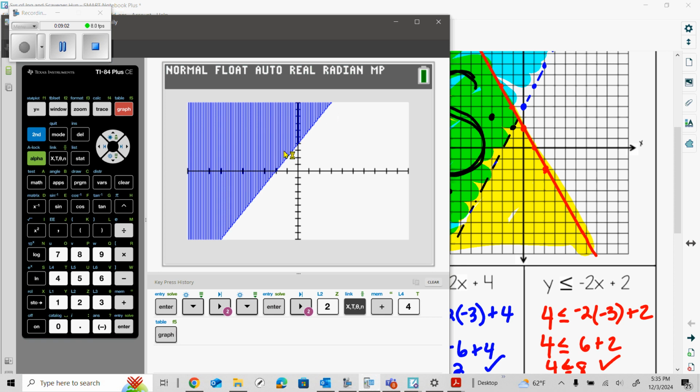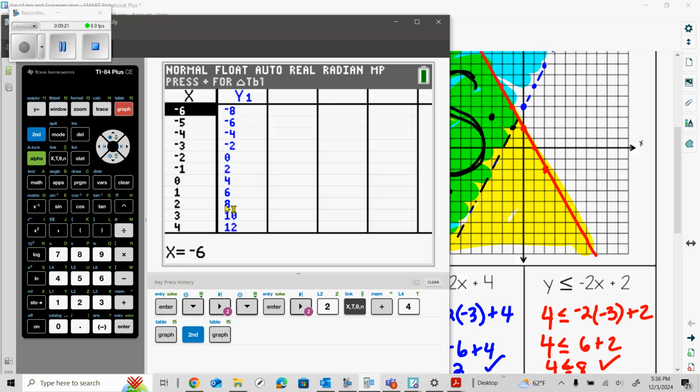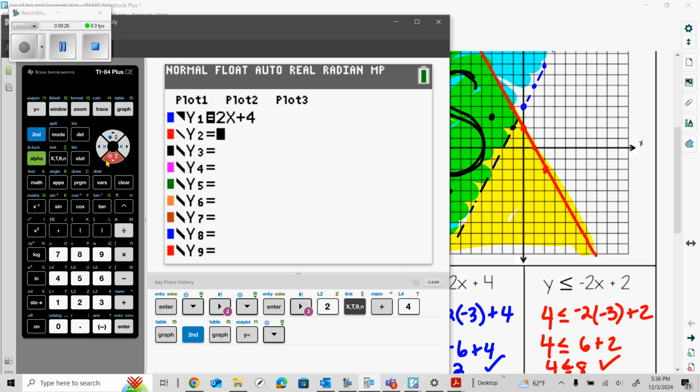So if you want to use this to help you get some points from these equations, you can see the exact y-intercept or an exact x-intercept to help you get the line correctly. Or you could also go to second trace, your table, and you can get points from the table as well. But what I'm now going to do is go to my second line to make sure I did this correctly.